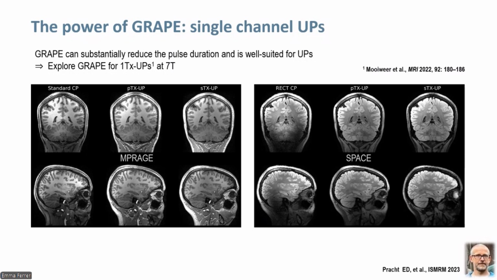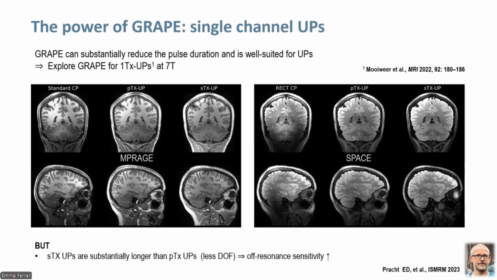And you can see, compared to the PTX universal pulse, it really works great, and both of them are much better compared to the CP case. The only downside is that with only one instead of 8 channels, for instance, for transmission, the pulses take longer. And that makes them more sensitive to off-resonances.